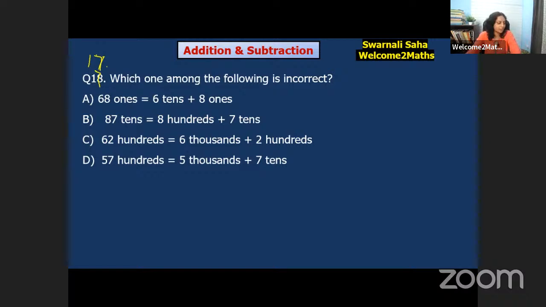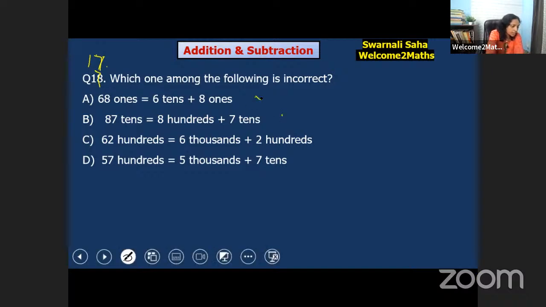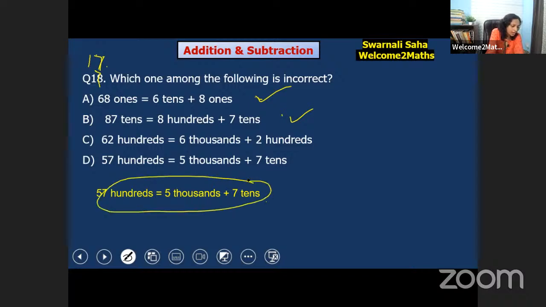Okay, let's check it. You see, A, B, C, all are right. 68 ones means 6 tens, 8 ones, 87 tens is 807 tens, 6200 is 6000 plus 200. And here it is saying 57 hundreds. It's saying 5007 tens. So it would be 5000. It is the wrong one.